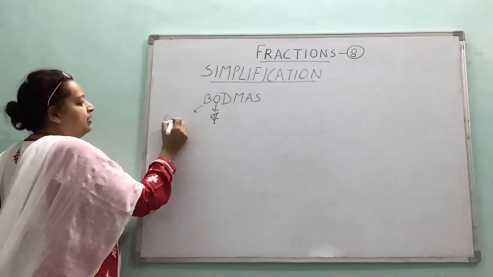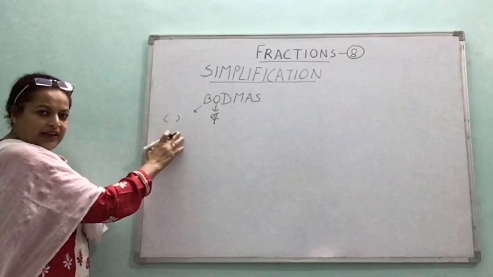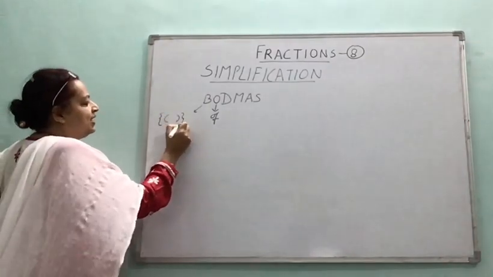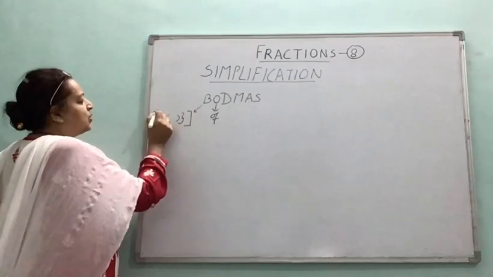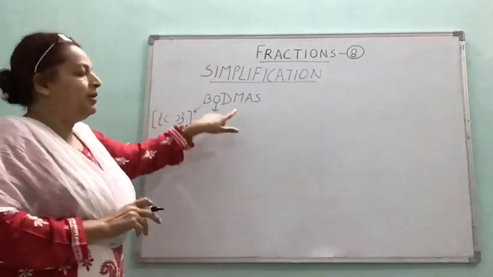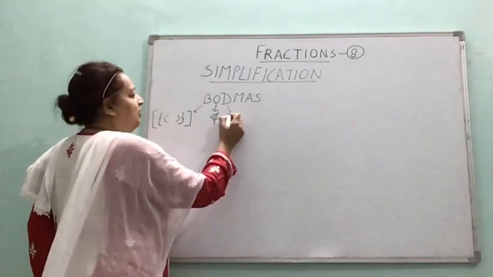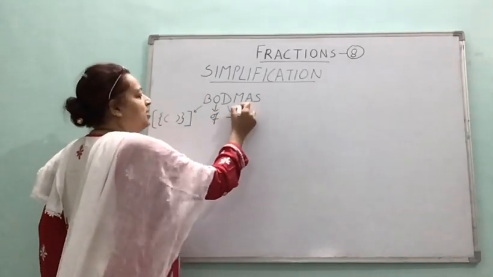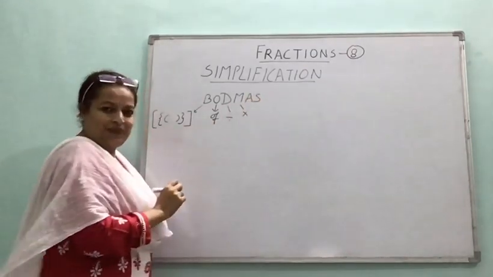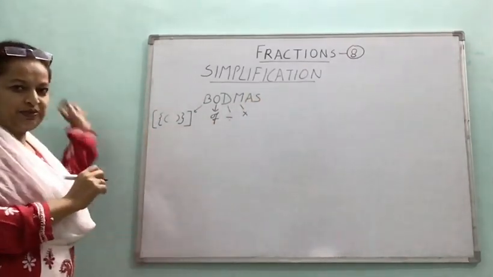First we always simplify the smallest bracket, which is parenthesis, then the braces, and then the square bracket. So BODMAS. D stands for division, M for multiplication, then addition and subtraction. This would be the order.